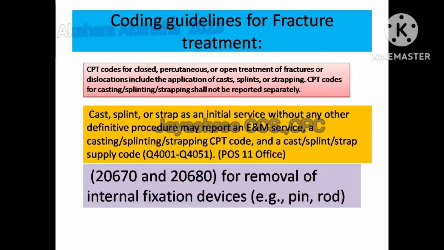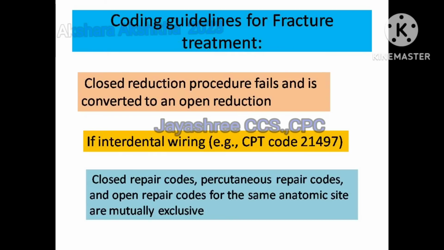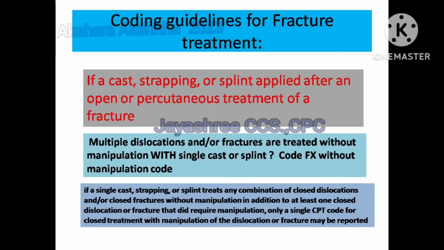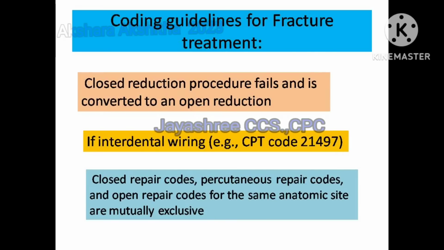Then, if the closed reduction procedure fails and it is converted to an open fracture treatment, as I explained in the basic surgery coding guidelines, whenever one method fails and is converted to another method, check by which method the doctor successfully completed the treatment, and code only that method as the final CPT code.